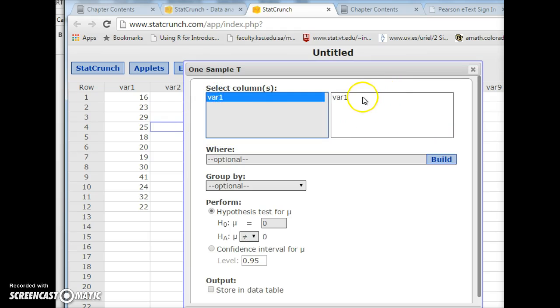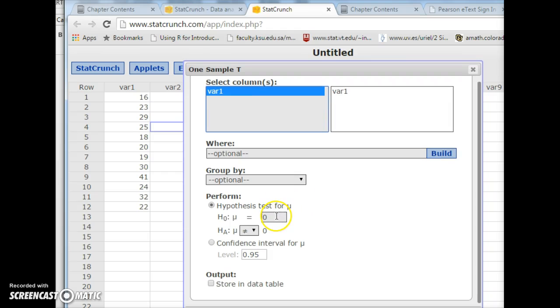We drag our variable in, and our null hypothesis is mu equals 20, and our alternative is if it differs, so not equal to 20. It's the same thing. So we push compute.